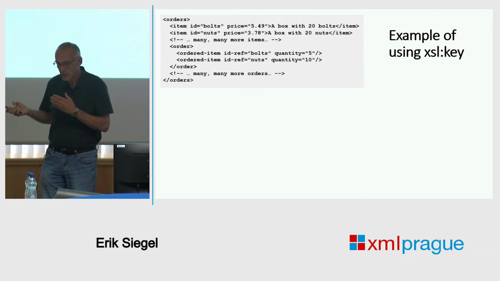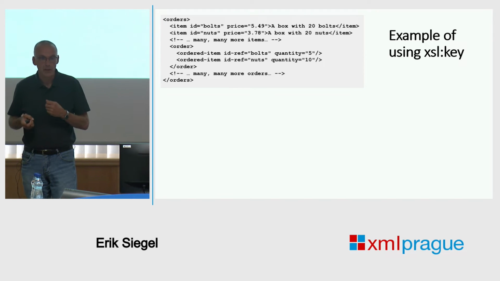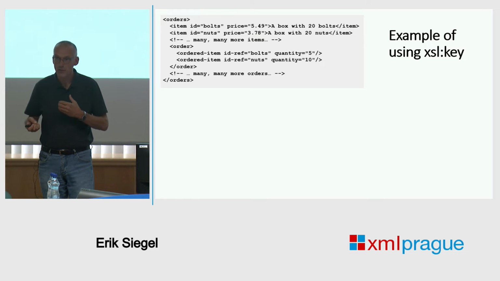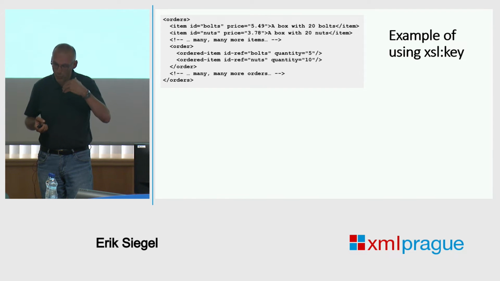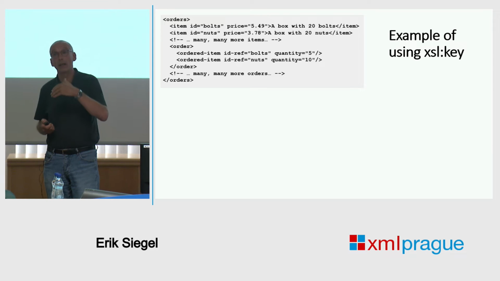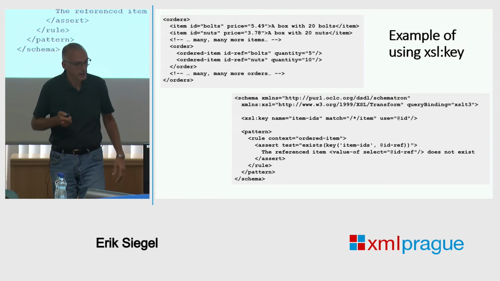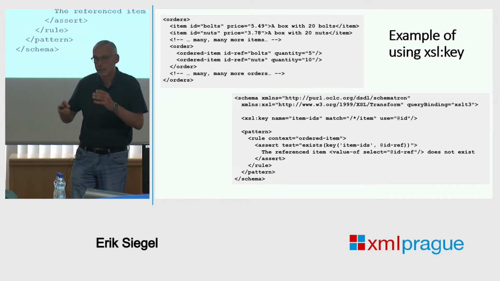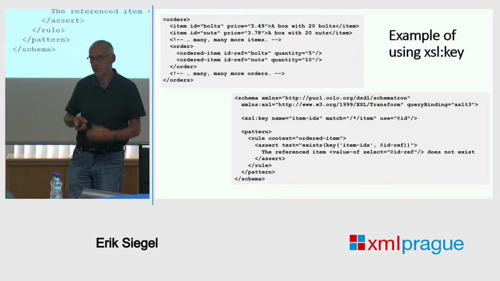So let's try to write a Schematron schema that checks the ID references for the orders using an XSL key. This is how it would look, and let's look at the details of this Schematron schema.